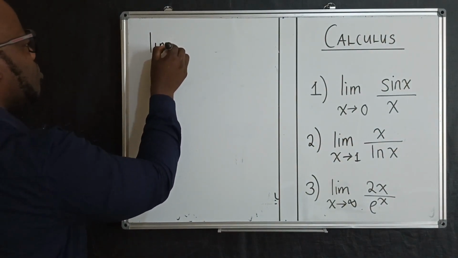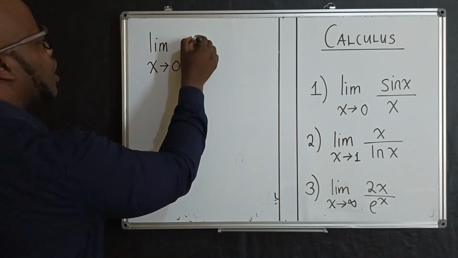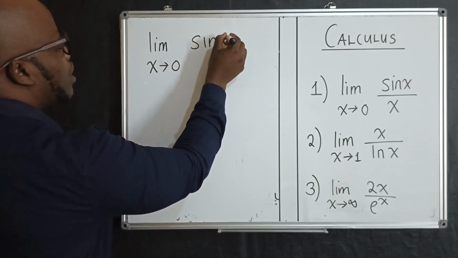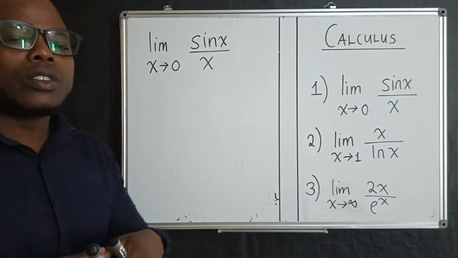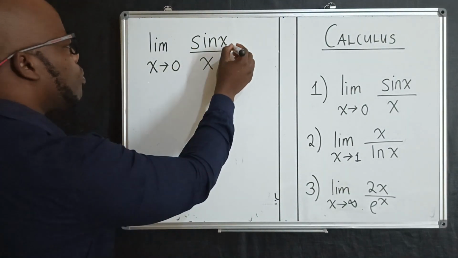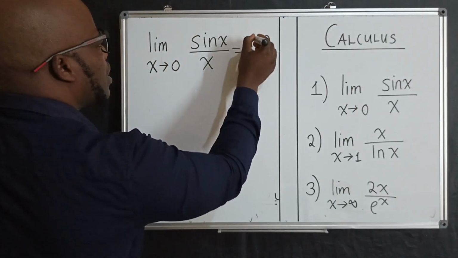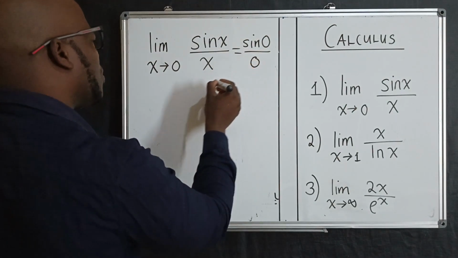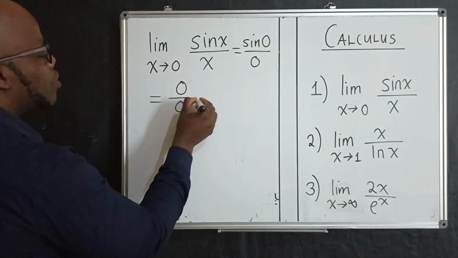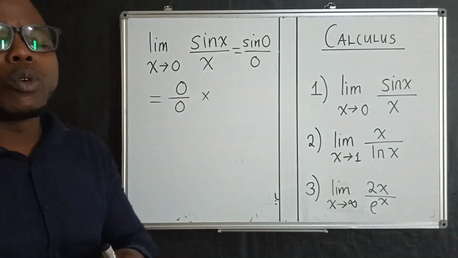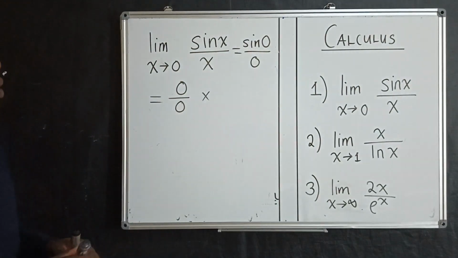This is question 1: limit as x approaches 0 of sine x over x. When we plug in the value of x here, sine 0 over 0 simply gives us 0 over 0, and this is what we don't want. Therefore, we can apply L'Hopital.